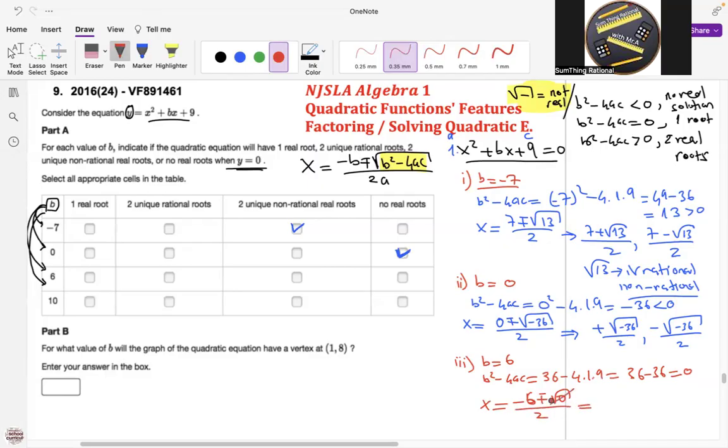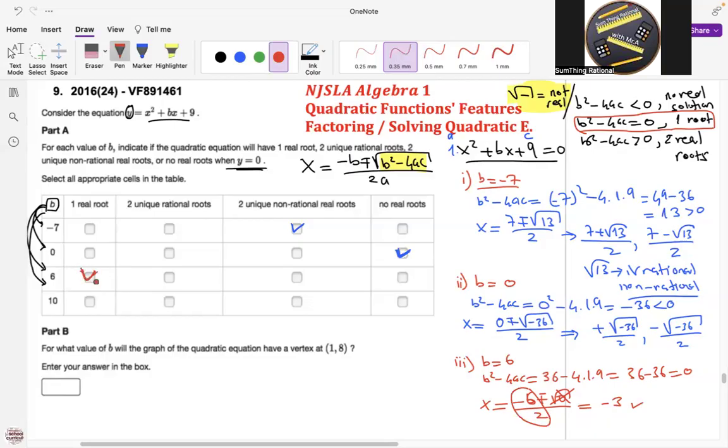The square root of 0 cancels out, the plus minus doesn't affect it. So we have only this value, negative 6 over 2, which is negative 3. We have one real root, as we mentioned: when b square minus 4ac is 0, we have one real root.